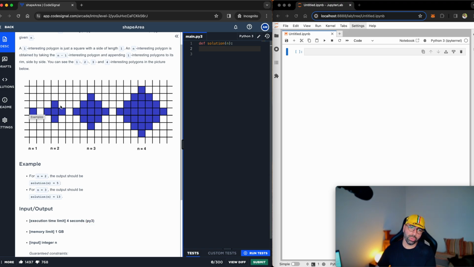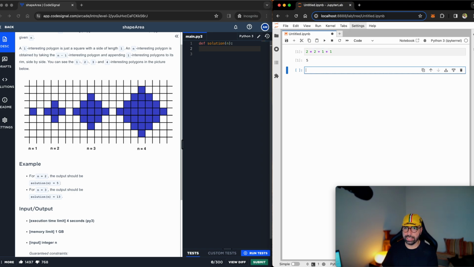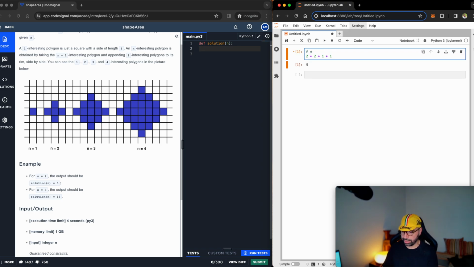In a 2 by 2 case, there is 1 row of 2 and 2 rows of 2 and 1 in the middle, just 1. So let me write it down. 2 times 2 plus 1 times 1, and the case is 5. And I want you to add a comment here saying n equals 2, this is a situation.